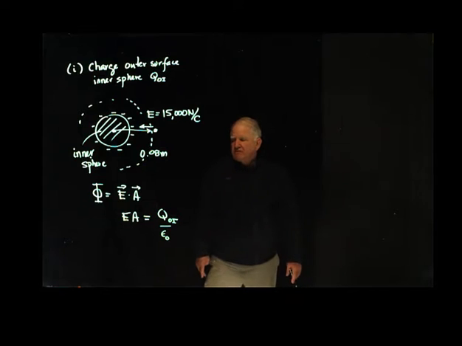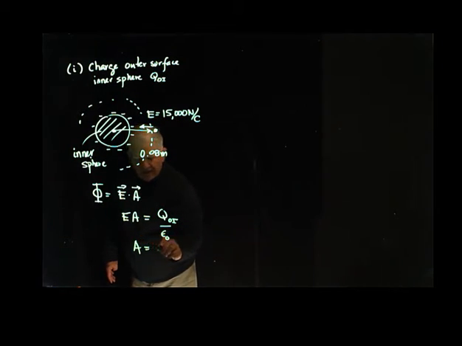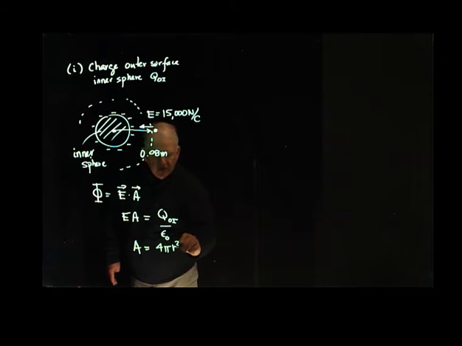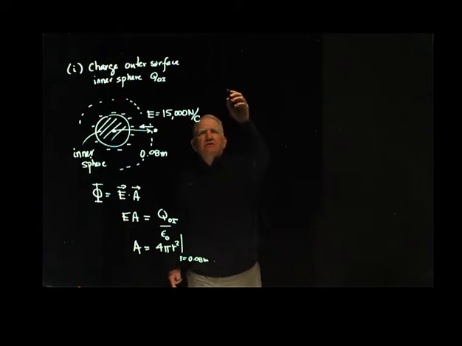Okay, so we're just about done, because the total area of this sphere is 4 pi r squared, when r is evaluated at 0.08 meters. All right, so we can find Q_0I in just a heartbeat.